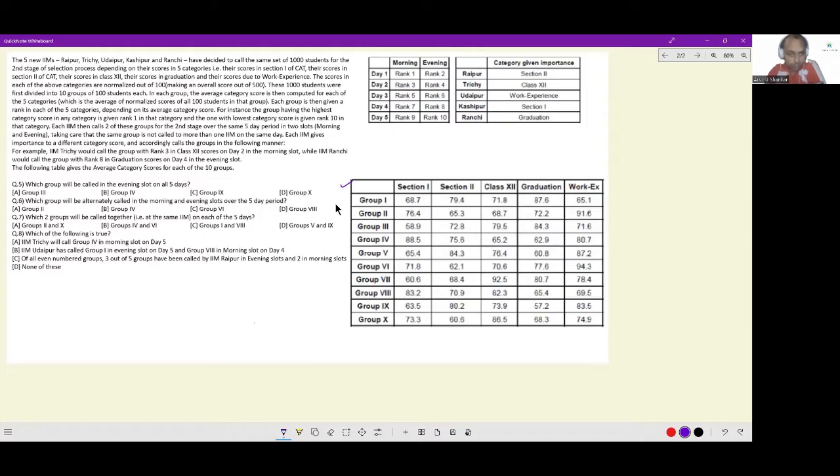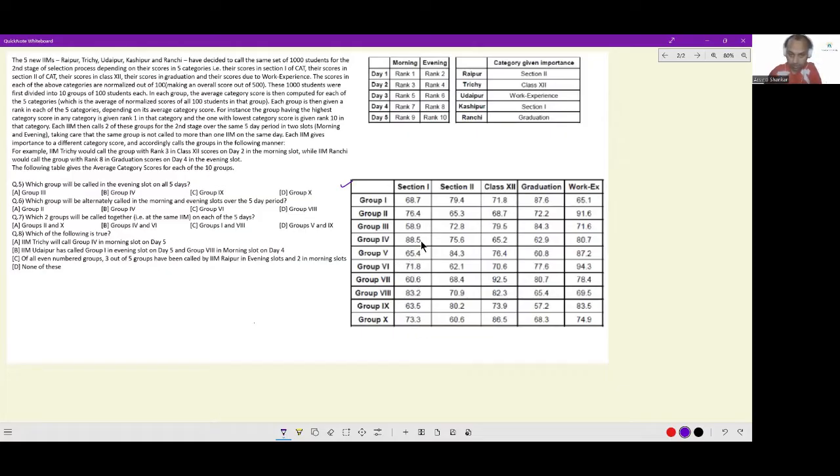Each group is then given a rank in each of the 5 categories depending on the average category score. So after calculating the average scores, you're also assigning ranks.